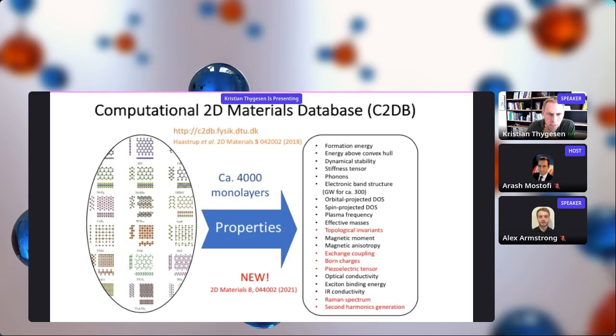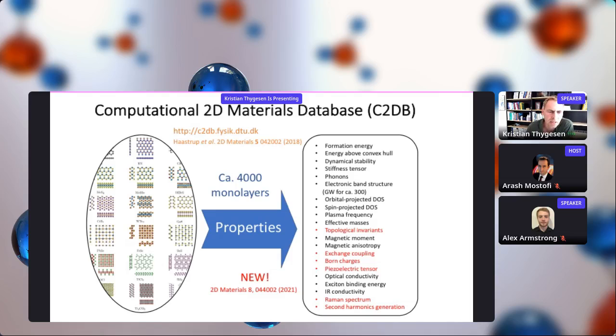And let me just highlight some of the newest properties that we have computed in this way. Topological invariants, exchange couplings in magnetic 2D materials, Born charges and piezoelectric tensors, Raman spectra for about 800 of those, and second harmonic generation spectra for about 400 materials, or all of those that do not have an inversion center and have a band gap.